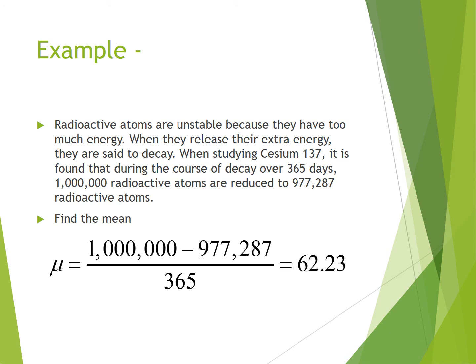And if I want the average daily decay, since there's 365 days in a year, I divide the number that have decayed by 365, and I get 62.23. It is important that we remember that number for the rest of this example.